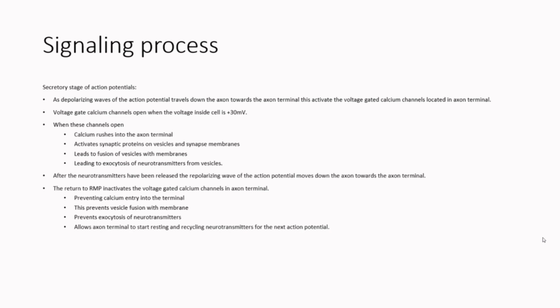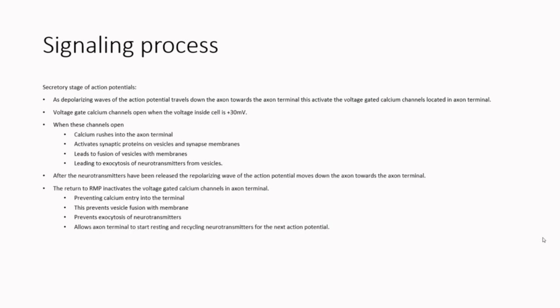In the end, we have the secretory stage of the action potential. When this depolarizing wave travels down the axon towards the axon terminal, this will activate voltage-gated calcium channels. And these voltage-gated calcium channels are located in the axon terminal, and we will have an influx of calcium.